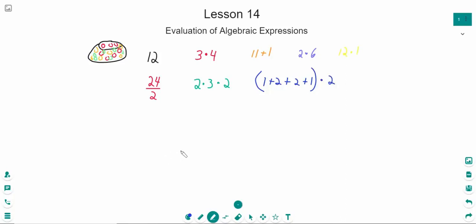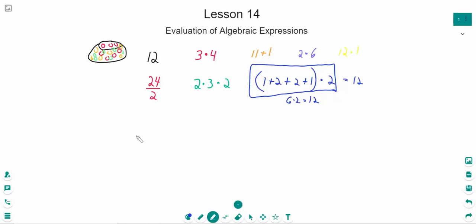That would also be a perfectly legitimate way to represent 12. Because if you add all this up, that's 6 times 2, which is 12. So this is equal to 12 still. This expression right here is just another way of writing the number 12. So in math, we have infinite ways to write any given number. I could have picked a different number besides 12 and done the same thing. So that's the first thing to recognize, that there are many ways to do this.